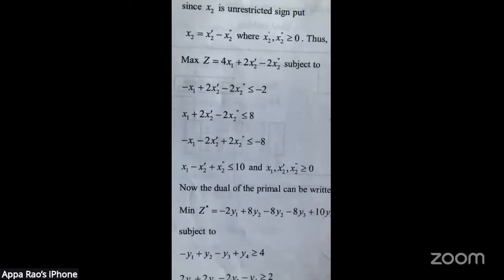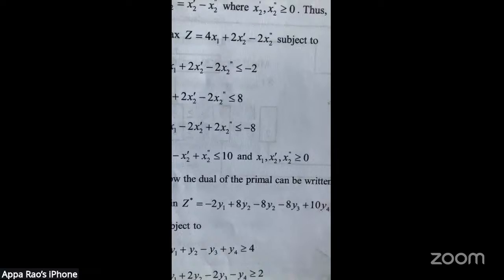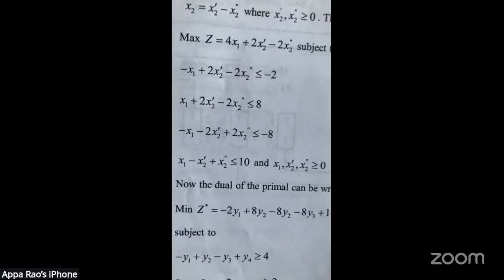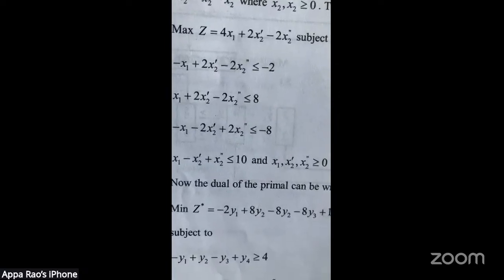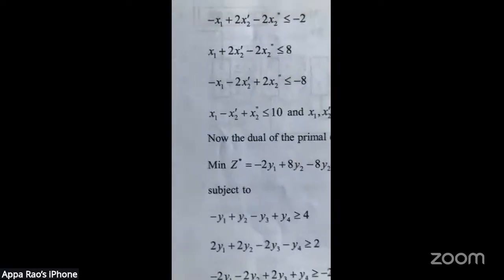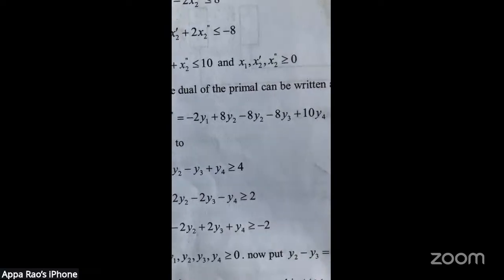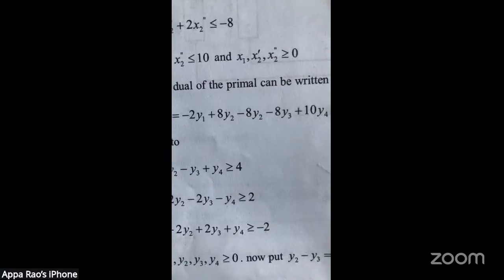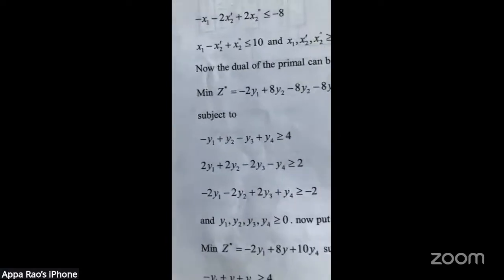Thus, max z equals 4x1 plus 2x2 dash minus 2x2 double dash subject to minus x1 plus 2x2 dash minus 2x2 double dash less than or equal to minus 2, x1 plus 2x2 dash minus 2x2 double dash less than or equal to 8, minus x1 minus 2x2 dash plus 2x2 double dash less than or equal to minus 8, x1 minus x2 dash plus x2 double dash less than or equal to 10, and x1, x2 dash, x2 double dash greater than or equal to 0.